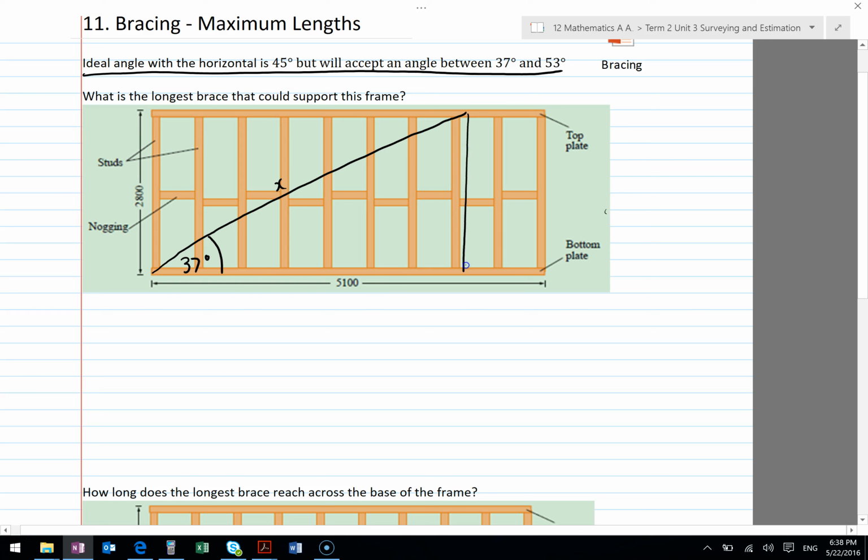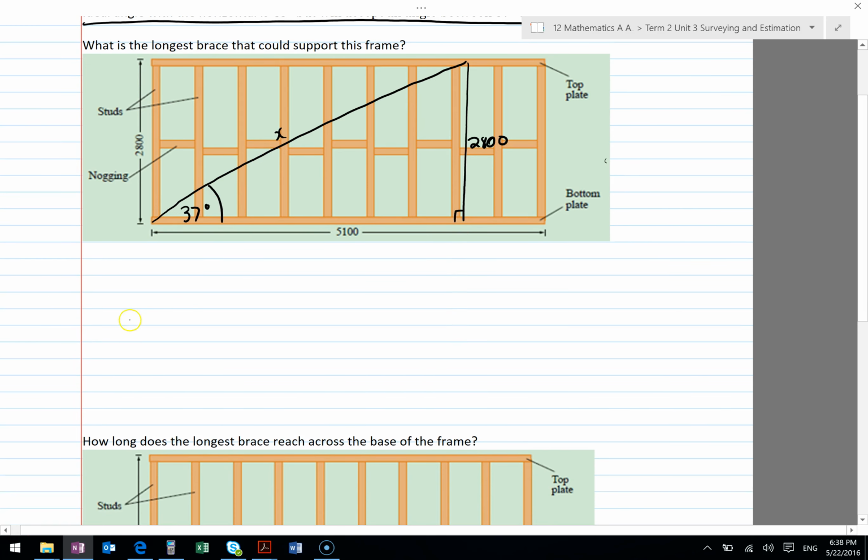I can draw a little right angle triangle. This height is 2800. I need to find the length of the brace, so I need to find the hypotenuse. So I'll draw just a little sketch diagram of what this should look like.